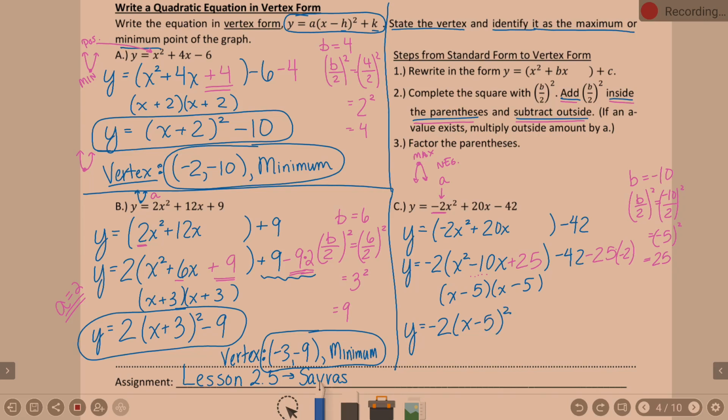What do we have over here? Negative 25 times negative 2, I'm seeing as plus 50. Negative 42 plus 50 is going to be plus 8. Okay.